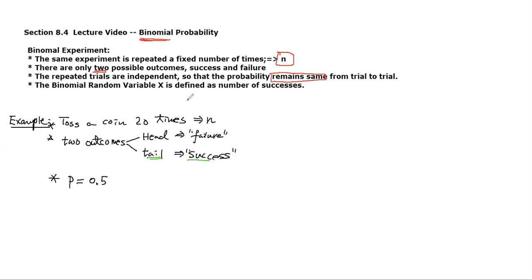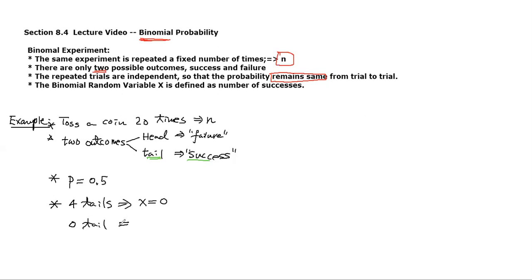The last thing is that the binomial random variable is defined as the number of successes. It's defined by what you are looking for. For example, I can have different random variables. Say I want to find the probability of getting 4 tails, then my random variable x will be equal to 4. It's the number of successes. Or how about 0 tails?